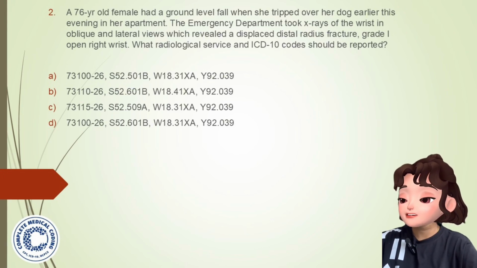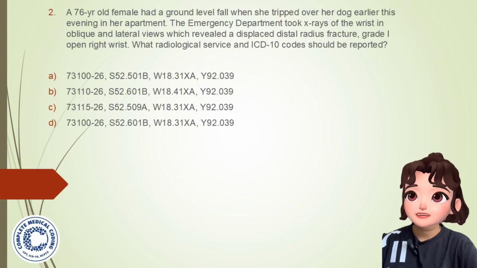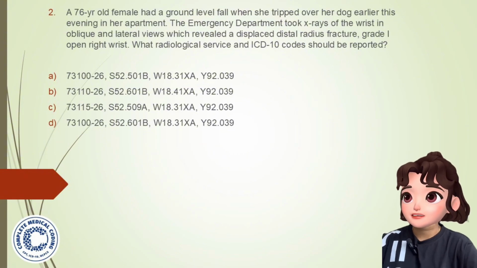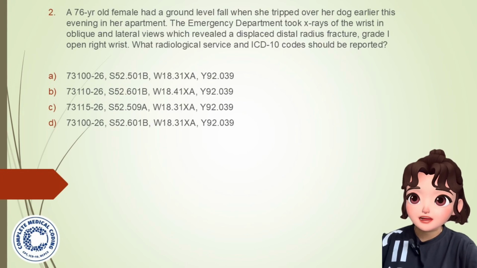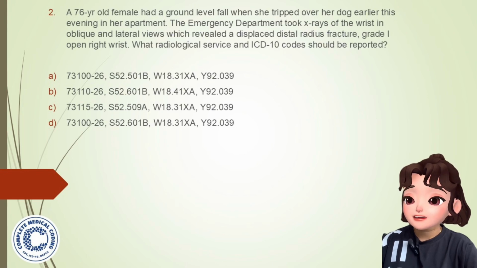S52.60 is unspecified fracture of lower end of ulna. This is not ulna, this is radius, already mentioned: displaced distal radius. So we already got the correct answer as option A. But I'll explain what those ICD codes are. S52.501B is unspecified fracture of the lower end of the right radius.